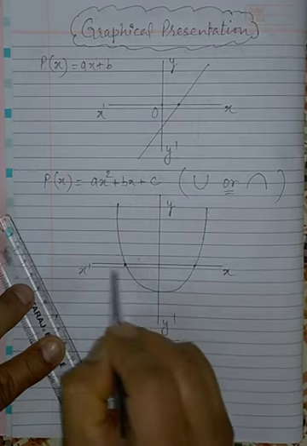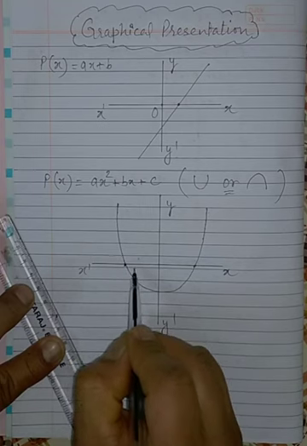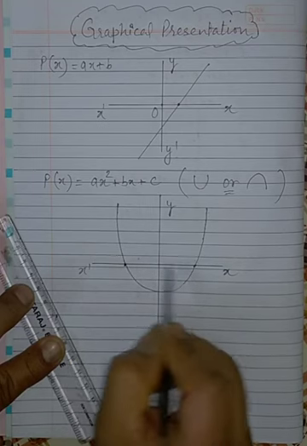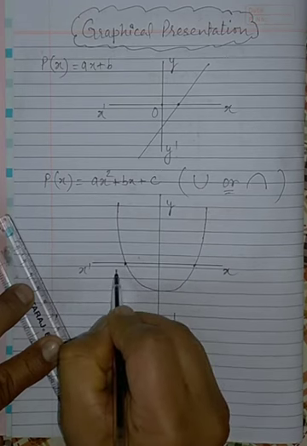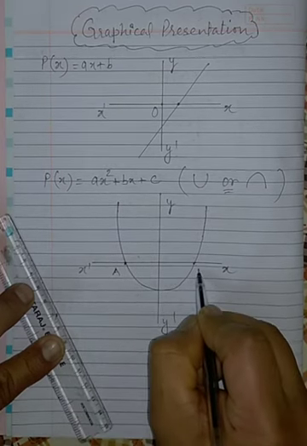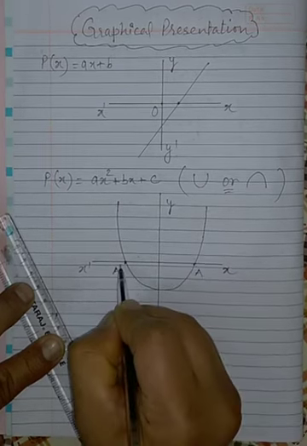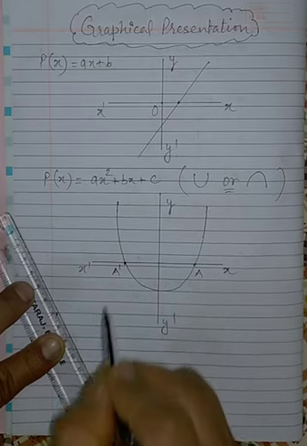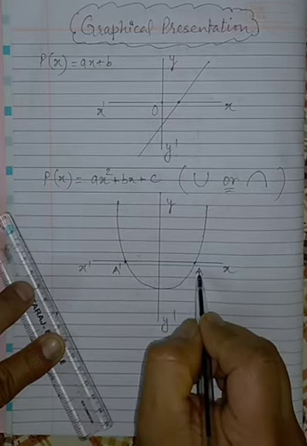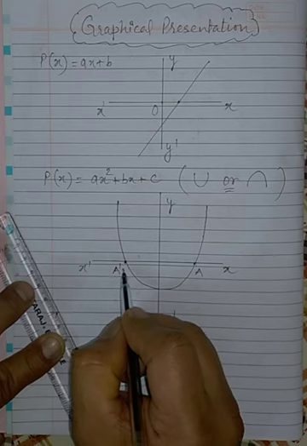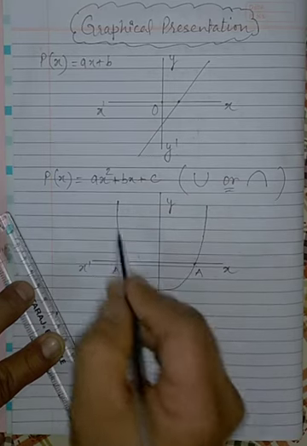Now since these two zeros, these 2 points, are far away from each other on the x-axis, they represent different values. Let them be a and a dash. So a and a dash are the zeros of the quadratic polynomial here.